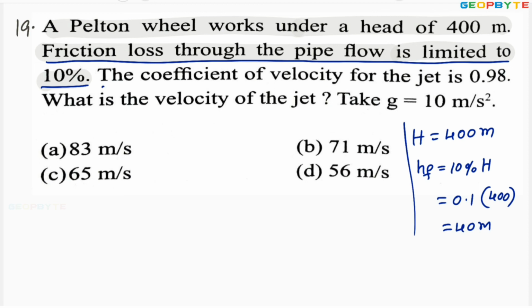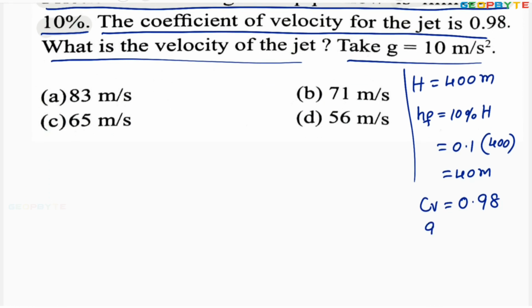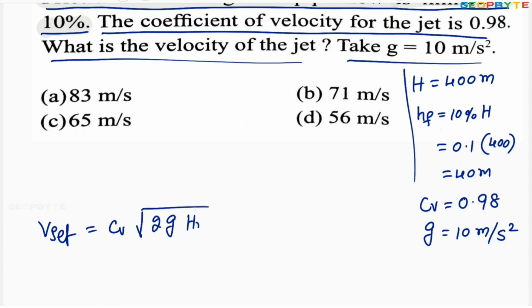Then the coefficient of velocity of the jet, generally denoted by Cv, is given as 0.98. What is the velocity of the jet? Take gravity constant g equal to 10 meters per second squared. The jet velocity Vjet equals Cv into root of 2 g times the net head available at the inlet of the turbine.